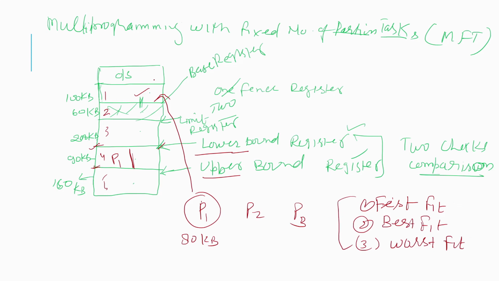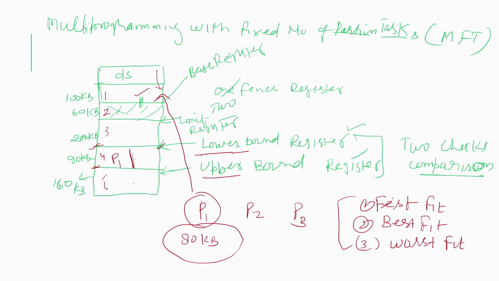In first fit, for whichever program the partition has to be assigned, the scanning will be done. As soon as a big enough space for that process is found, it will be allocated immediately. That is first fit.